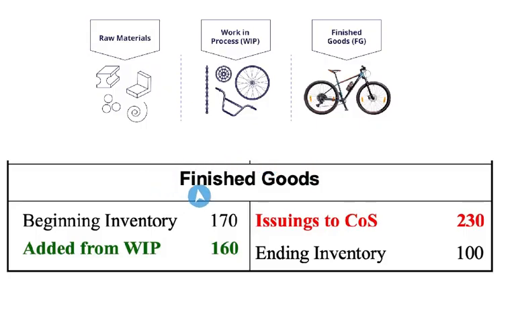In my finished goods account, I will also start with my opening balance, and then I will add the ones or the products that I transferred from WIP to finished goods. Then I will issue to my cost of sales account, and the balancing figure again is my closing inventory.